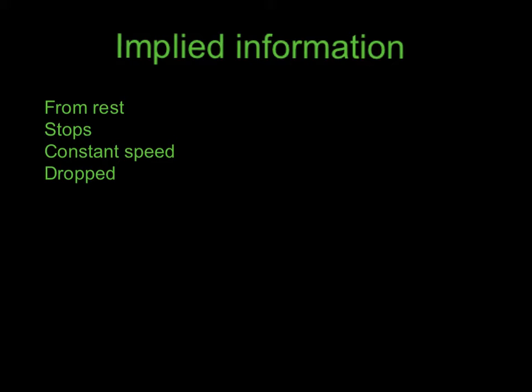If something starts from rest, that means it was resting in place, and so its initial velocity is 0. If it comes to a stop, hey, how fast are you going when you stopped? You're going 0 again, so your final velocity is 0.